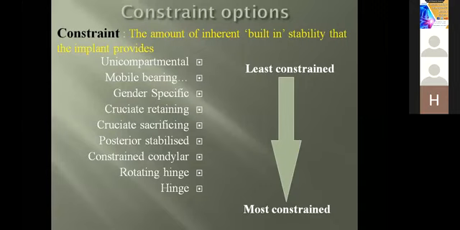Going a step further, the mobile bearing designs, the gender-specific designs, cruciate retaining, cruciate sacrificing, then the posterior stabilized, constrained condylar, or in other words, the super stabilized designs, rotating hinge, and finally the fixed hinge. This is the step ladder, continuation, and progress of the constraint.